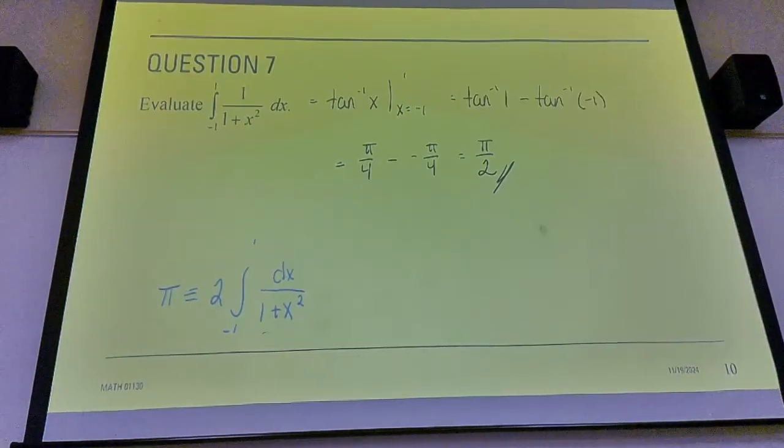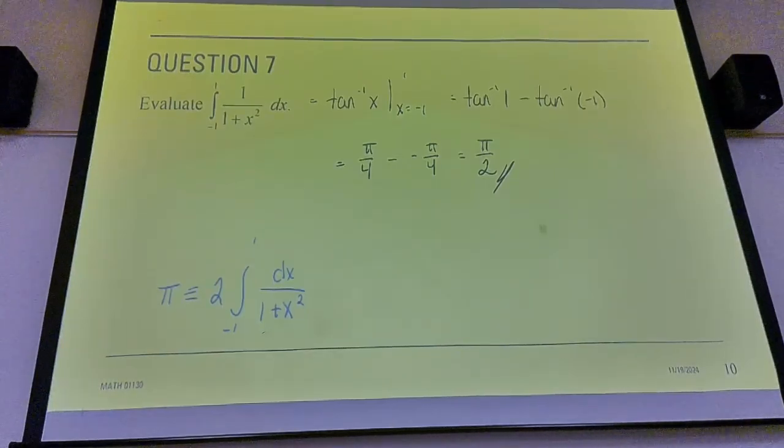Kevin. Matt Terrence. Oh, by process of elimination, Madison.